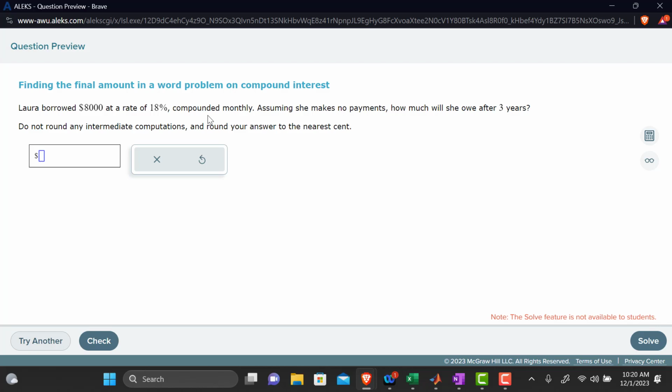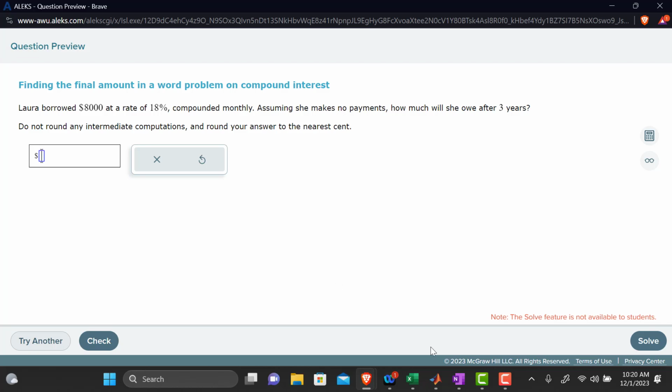So that is the difference here. This thing is compounded monthly, so N is going to be equal to 12. Assuming she makes no payments, how much will she owe after 3 years? Would not recommend not paying for 3 years. So T is equal to 3. Our interest rate here is going to be 0.18, and our principal is 8,000, and monthly meaning she paid every month, so 12 months in a year.